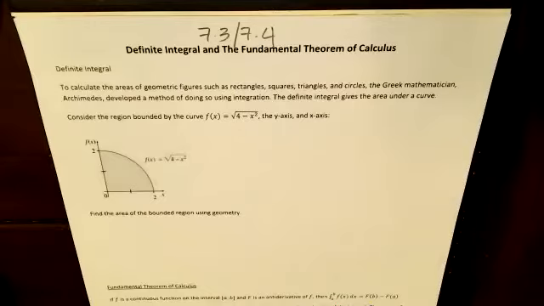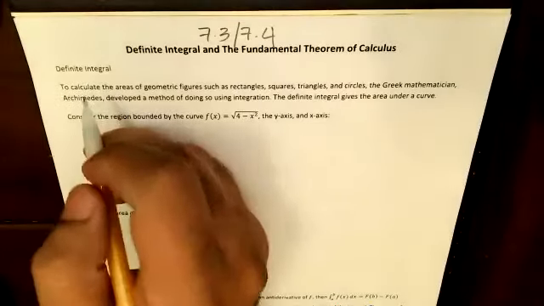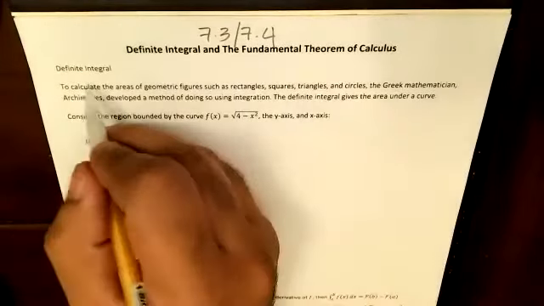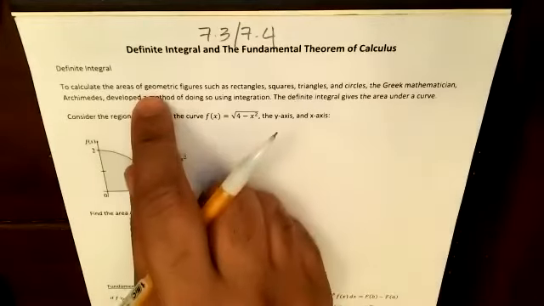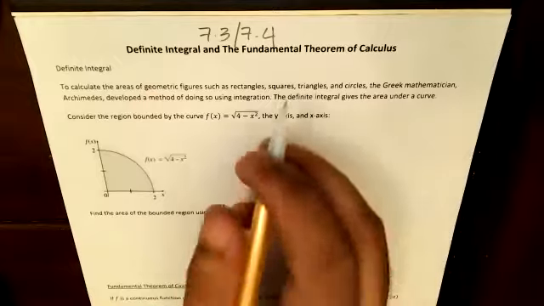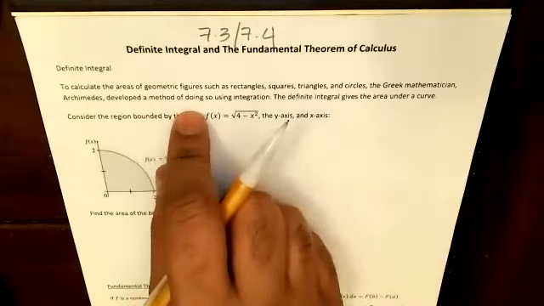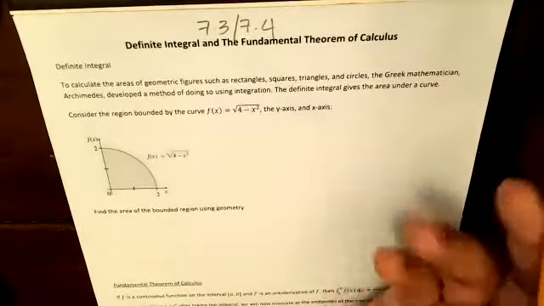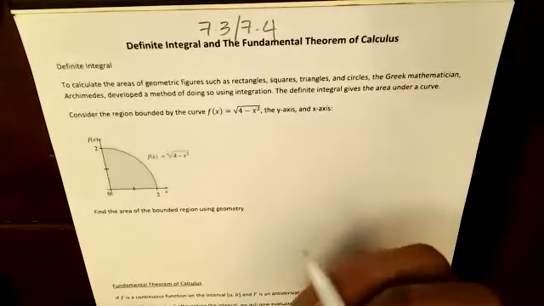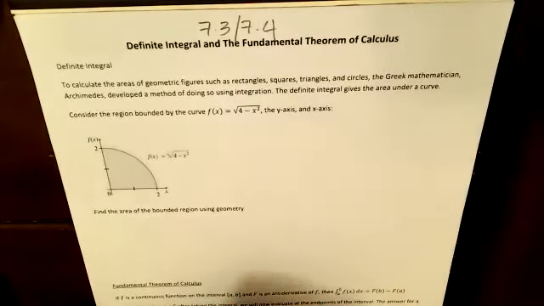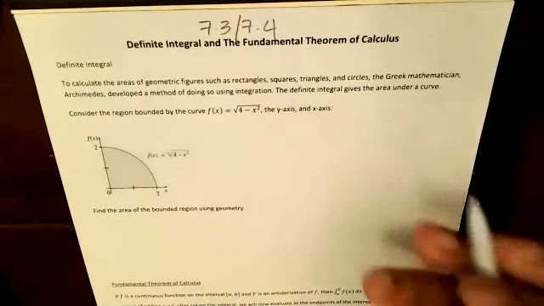Now, what we're going to look at today is something called the definite integral, which we can use, for instance, to calculate areas. Okay, so we know how to find the area of rectangles and squares and triangles, those common geometric shapes. That's something that we already know how to do.